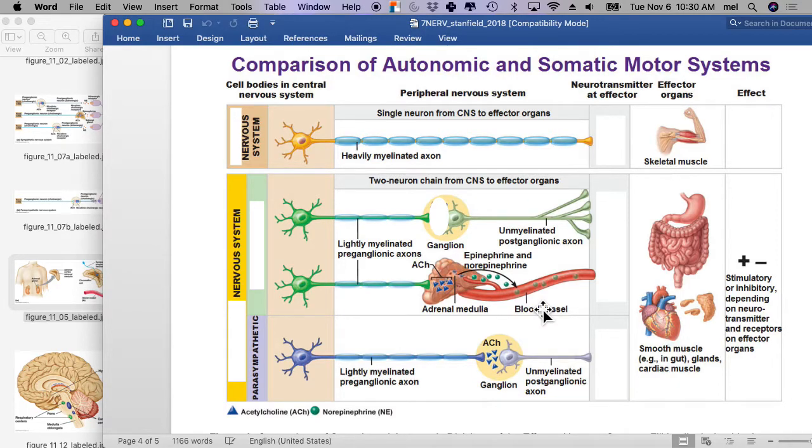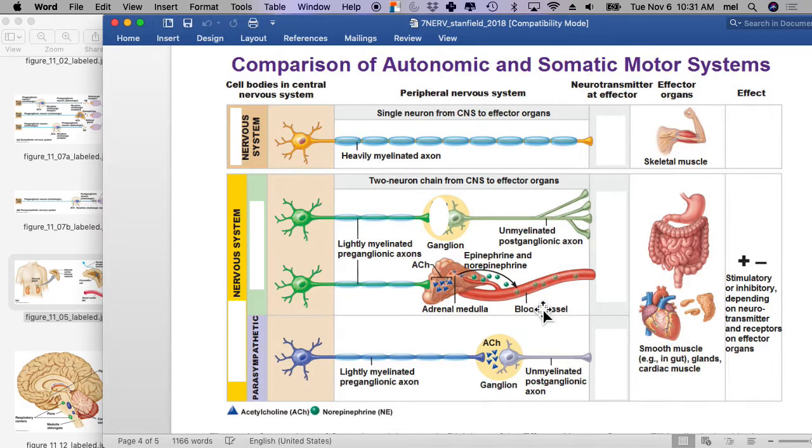Scott, you have a confused look on your face. What's your question? I'm going back to this picture. I wrote acetylcholine on the parasympathetic. It's acetylcholine. Why did I say acetylcholine?